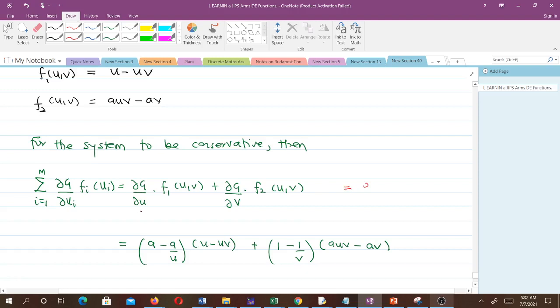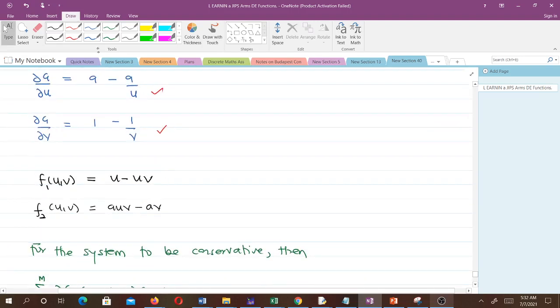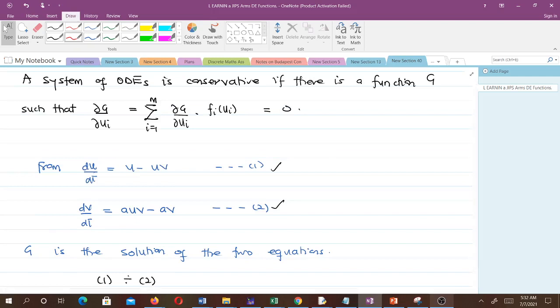We have found del g del u and del g del v. So we have to look for f1 of u, v and f2 of u, v. We get them from the right-hand side of the equations we had.